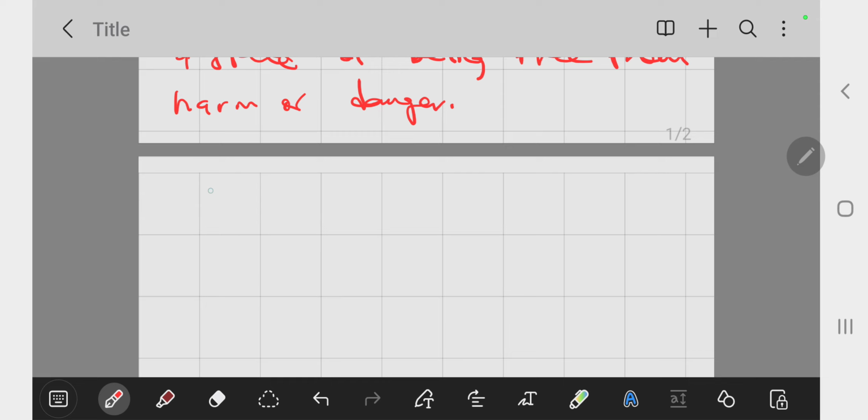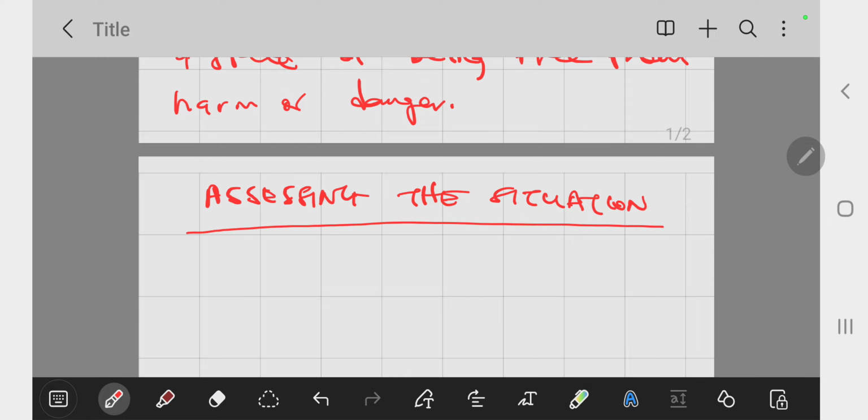After you describe what safety is, we need to look at what this means. Call it assessing the situation. What you have to keep in mind is that before you begin to do any task in an engineering workshop, particularly if it involves the use of tools or machinery, it is very important to stop and think, and then consider these 4 points.